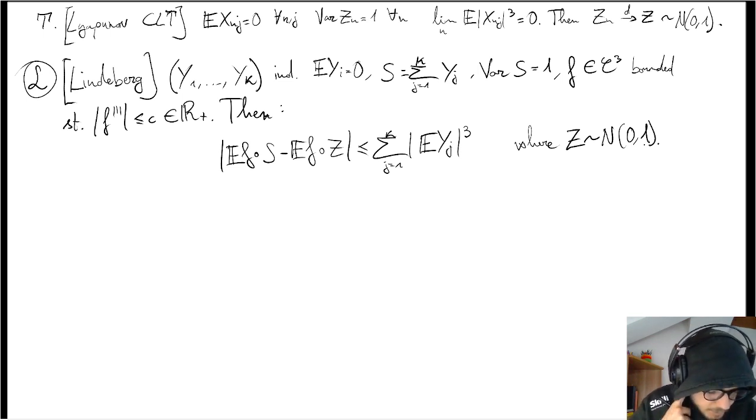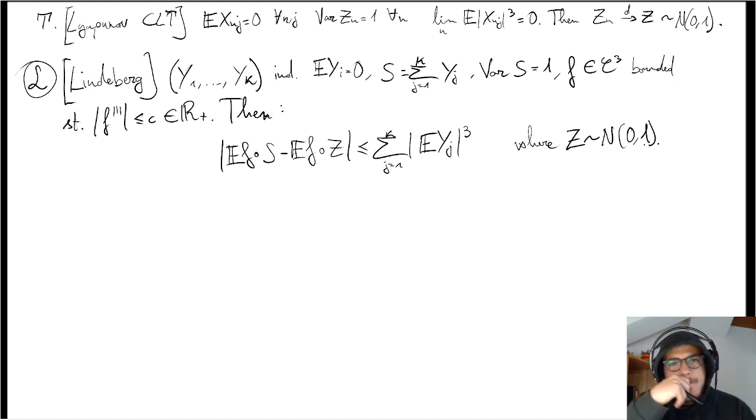So the distance between S and Z is not very large in terms of realizations, I guess. Which in turn means that if the realizations are not very far, the distributions should not be very far, because the central limit theorem involves convergence in distribution to a normal.